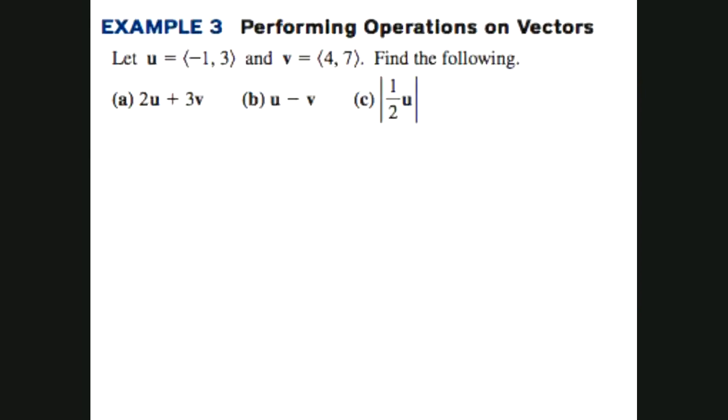Okay, so here are some examples. Perform the operations on the vectors. Let u equal -1, 3 and v equal 4, 7. Find the following: 2u plus 3v. I'll give you a couple seconds to work that out. What do you get for 2u plus 3v?